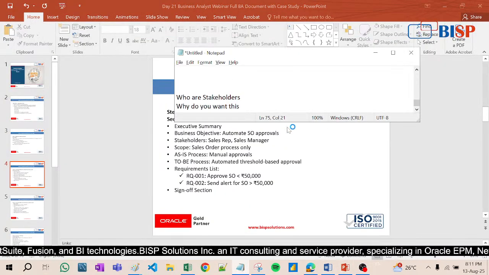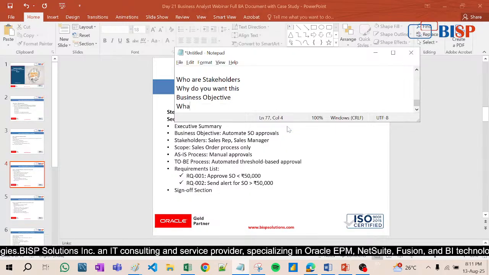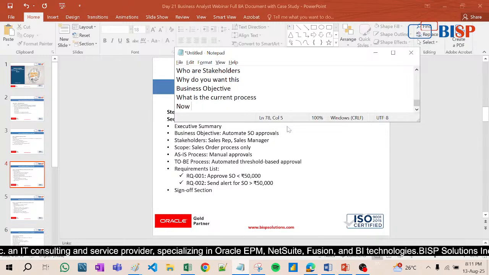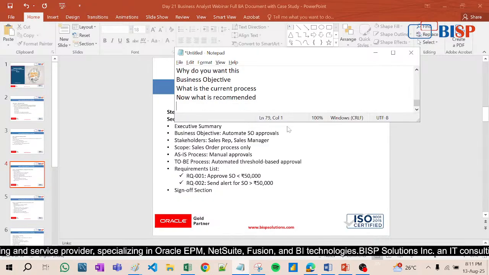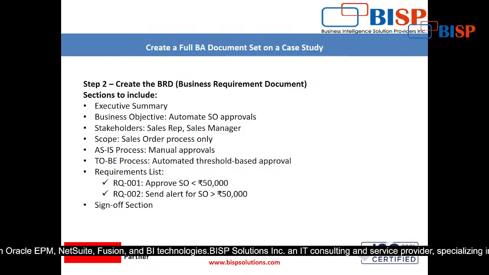You write the business objective, then the current process, then what is recommended, and why it is required. All these things you have to explain on your own.